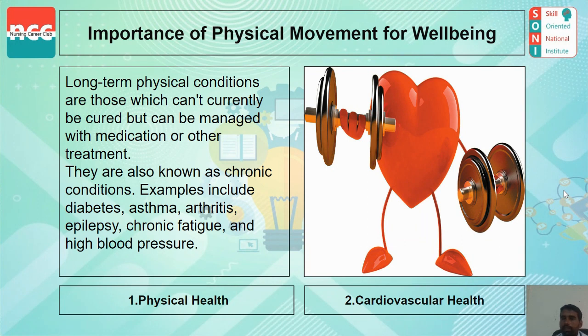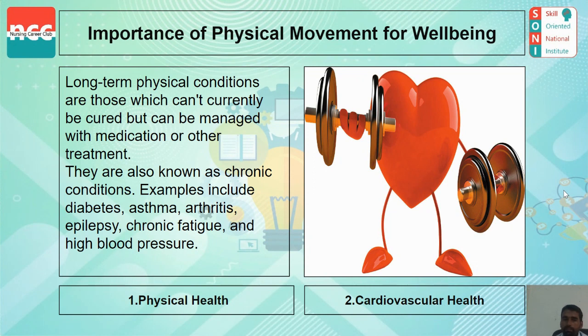So, if we have any disease or disorder, we should take proper medicines to keep our physical health in a good condition. They are also known as chronic conditions. Examples include diabetes, asthma, arthritis, epilepsy, chronic fatigue, and high blood pressure.